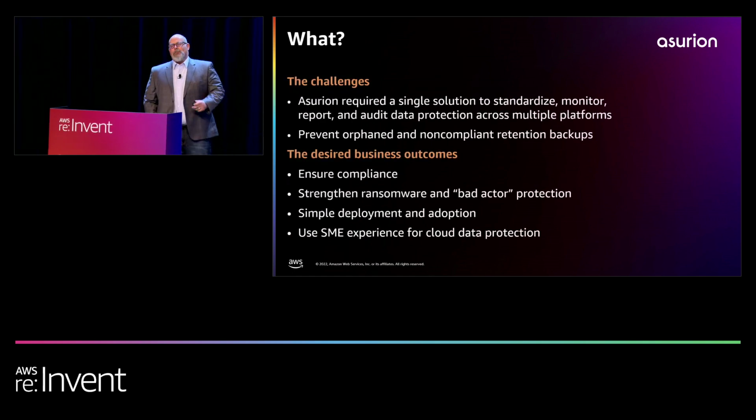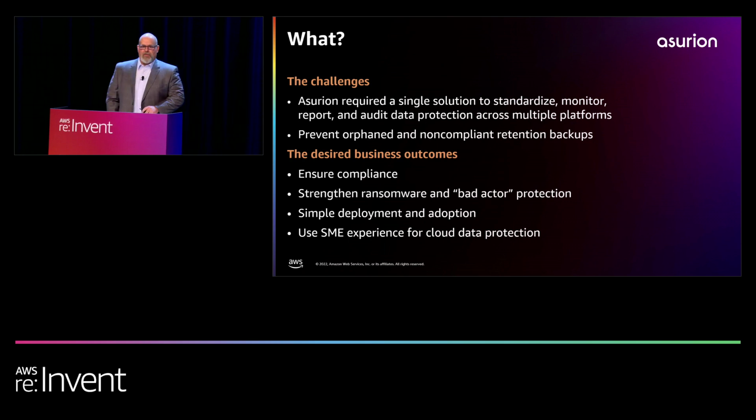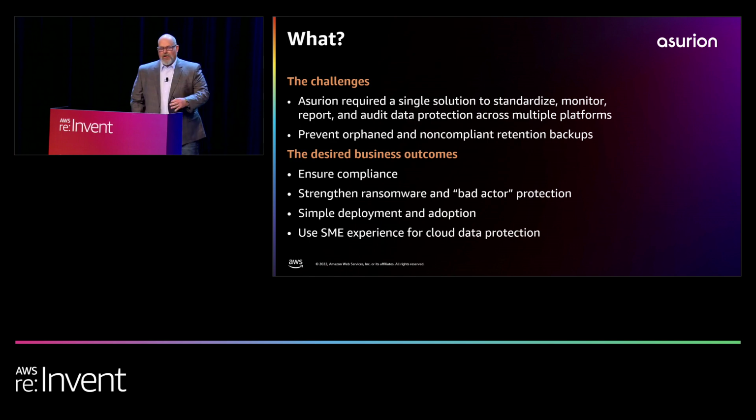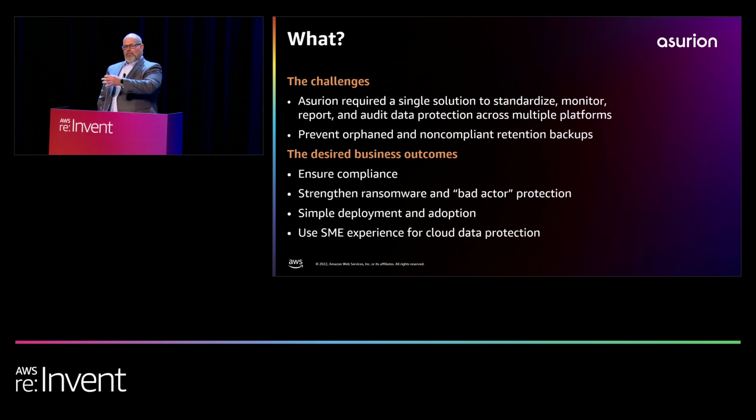So our 2 biggest challenges concerning data protection in AWS were, 1, ensuring that our data protection plans that are created in AWS adhere to our global protection standards that we have in other platforms. So if I take an application from on-prem and migrate it into AWS, I need to make sure that my backup schedules and my retention follow.